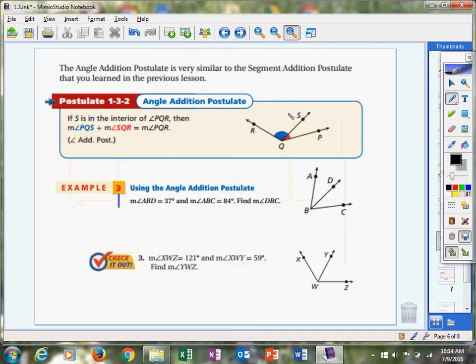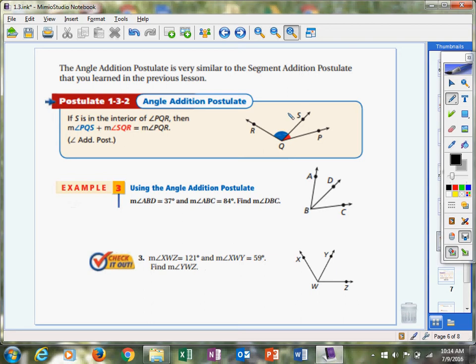And we have another postulate that we need to address, the angle addition postulate, which is very similar to the segment addition postulate. You're going to find such similarities here, and I think you're going to connect to this pretty quick. So S is our interior ray, in the middle of angle RQP or PQR.